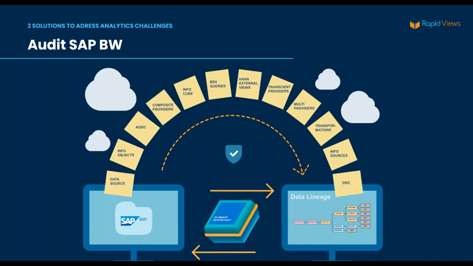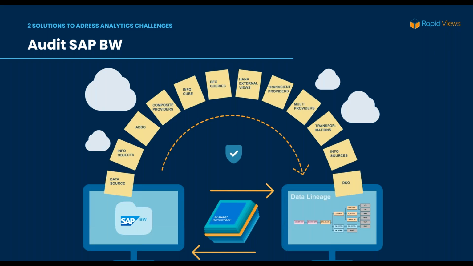Then the last object that we cover for BW is the BEX queries. Most of the time this is the object that makes the link with the reporting layer. All our customers have lots of intelligence and complex data modelization at the BEX query level, like the filters, the restricted KPIs, calculated KPIs. All this information we can extract and centralize in our platform.